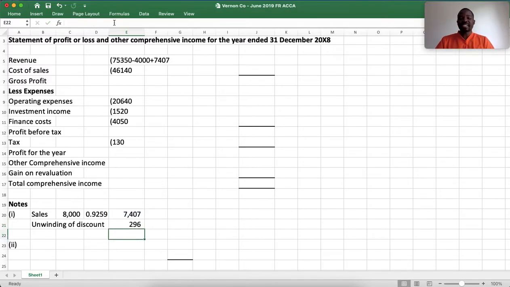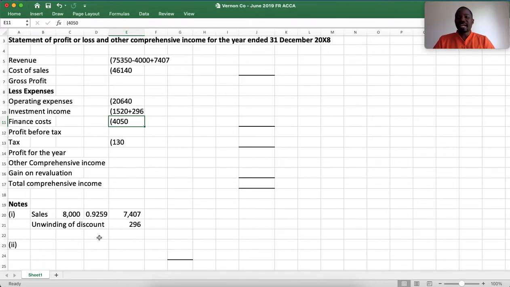We get 296. This 296, as I said, this sale needs funding, so it's an investment. So the 296 will be added to investment income. So the journal entry will be to debit the receivable and credit investment income.